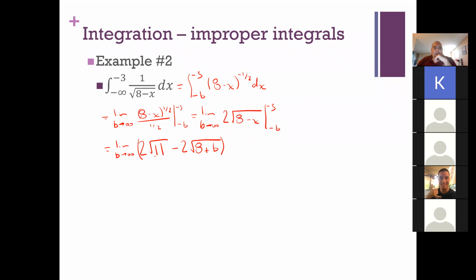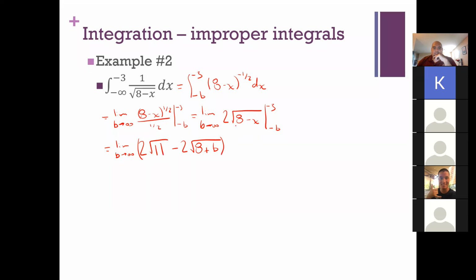Okay, so clearly 2 times radical 11 is going to be finite. What's going to happen to this term over here as b gets very, very big? That's also going to go to negative infinity with that -2. Well, keep in mind that the way I set this up, I called my lower limit -b, and I'm letting b go to positive infinity.